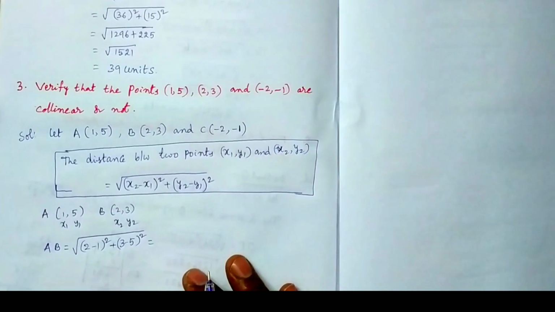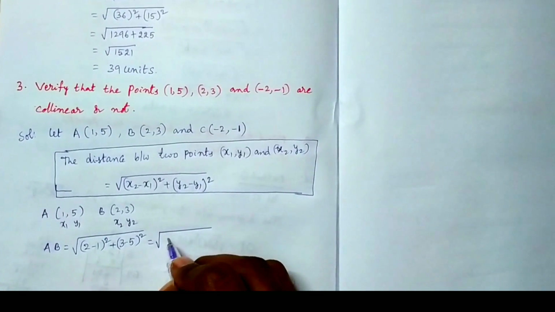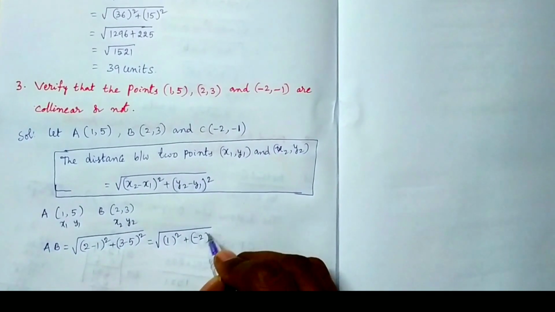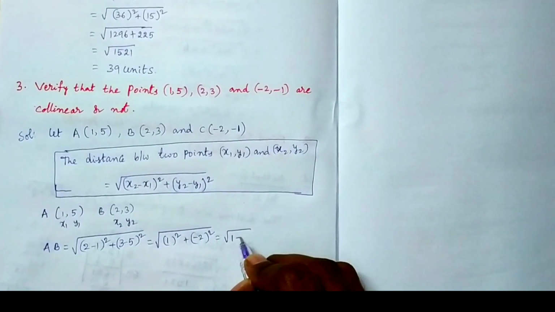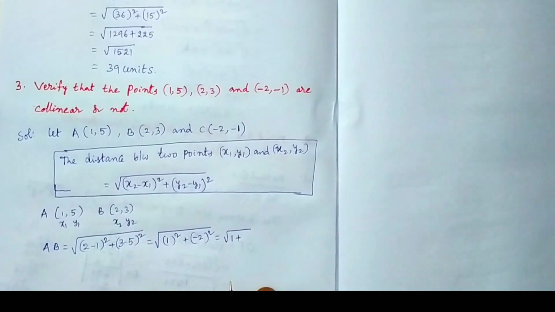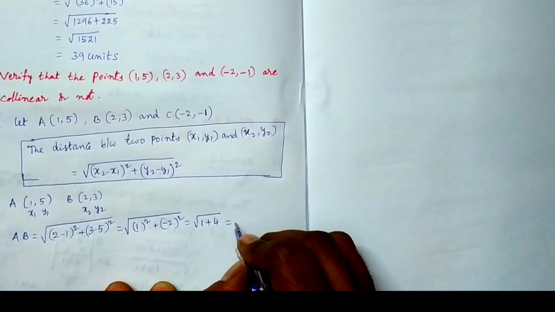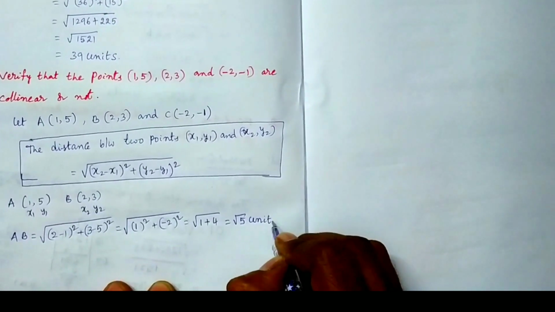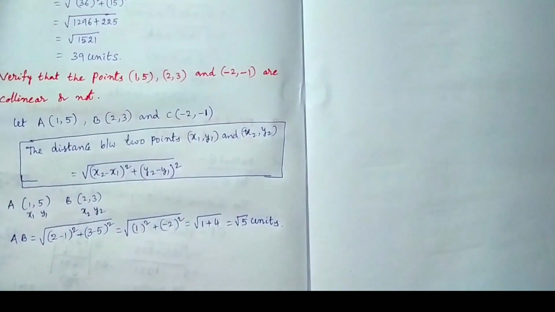That is 1 square, which is 1, plus (-2) whole square, that is 4. So root of 1 plus 4, that means root 5 units. So AB is equal to root 5 units.